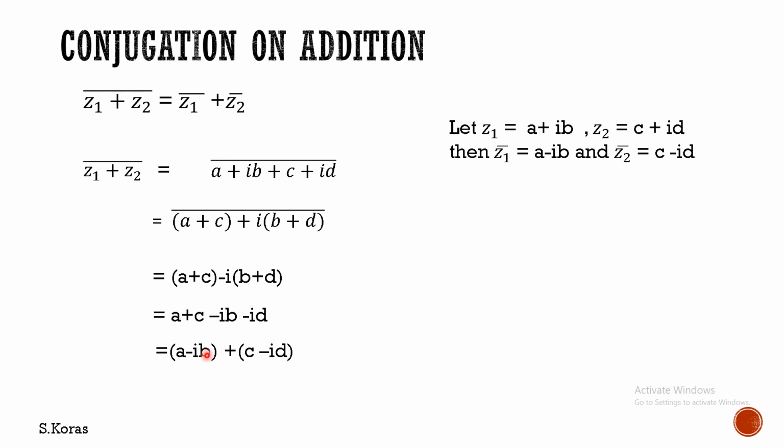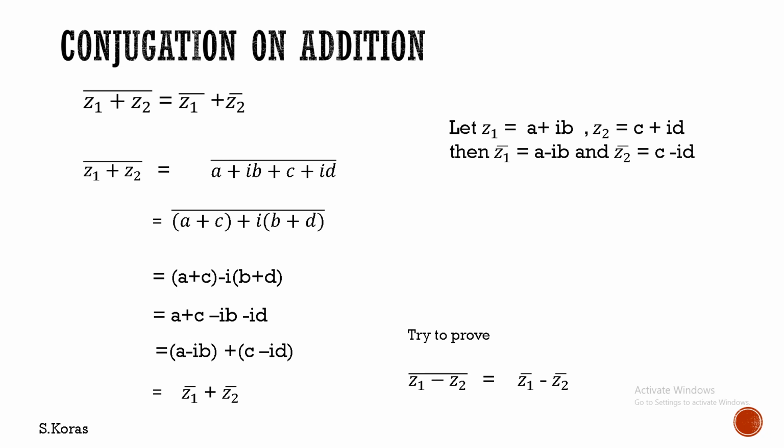This a minus ib is nothing but z1 bar, and c minus id is z2 bar. So this can be written as z1 bar plus z2 bar. So now we have understood z1 plus z2 the whole bar can be written as z1 bar plus z2 bar. Similarly, please try to prove z1 minus z2 the whole bar is equal to z1 bar minus z2 bar.